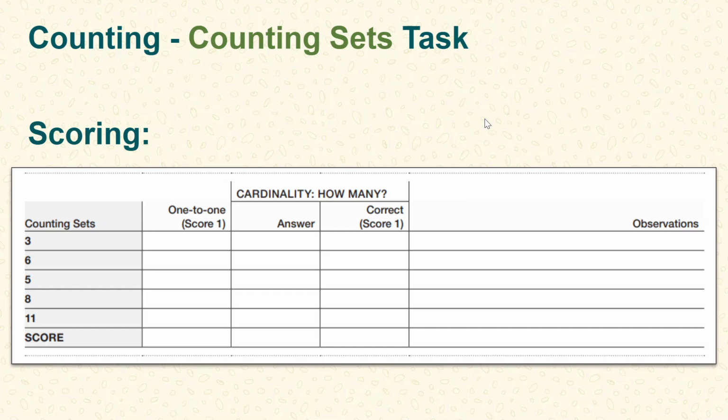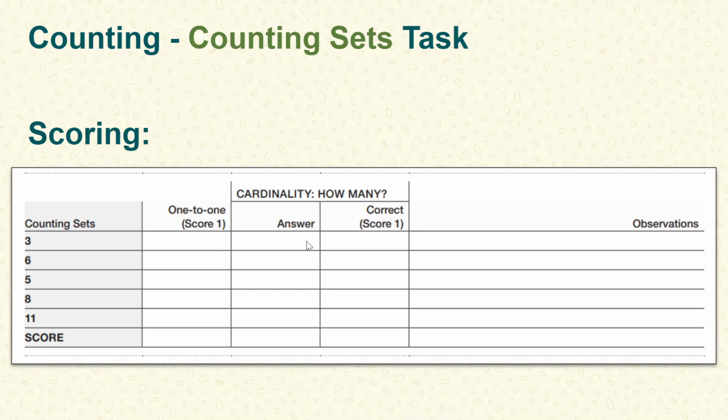Looking here at the scoring, you can see the 5 dot cards listed here on the left. For the dot card with 3 dots, if they count, showing one-to-one correspondence, and come up with a total of 3, they would score 1 point for that first question that you ask.